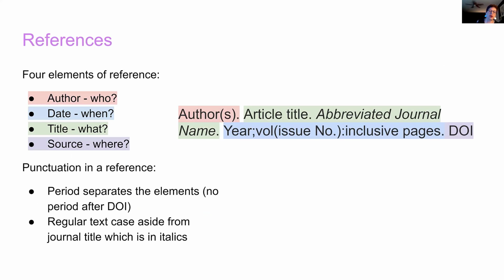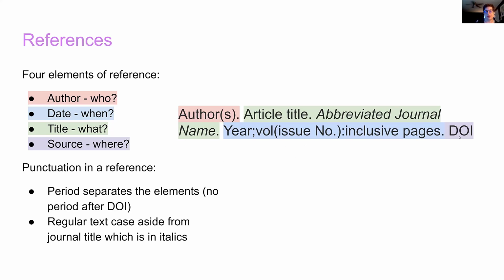So breaking down an actual reference, these are the references that you'll see at the end of the paper, and the elements they include. Here we have the author at the beginning, and then the article title and abbreviated journal name. We'll get into each one of these individually.